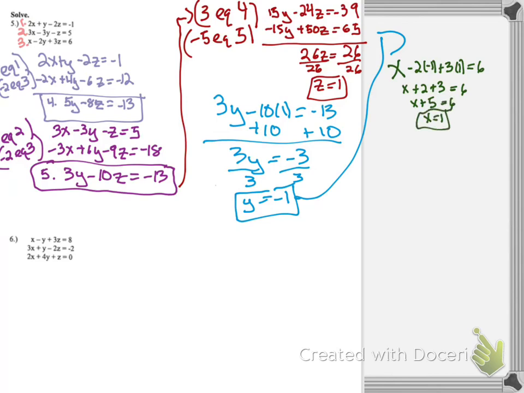I have to subtract that 5 over. And then remember we write this as an ordered triple. So our answer is going to be 1, negative 1, 1. That's our ordered triple solution.